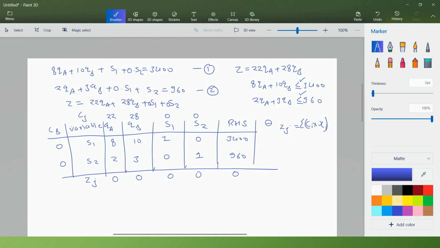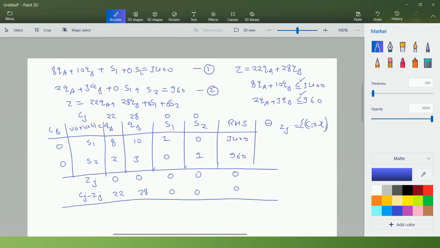Now we will find Cj minus Zj. Cj minus Zj is 22 minus 0 is 22, 28 minus 0 is 28, 0 minus 0 is 0, 0 minus 0 is 0, and here we have 0.